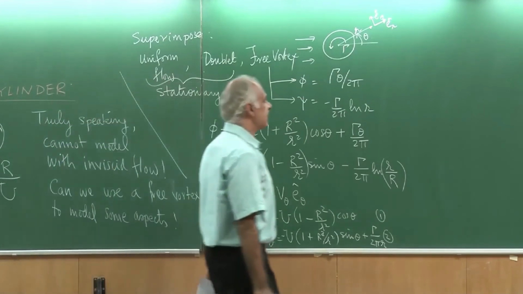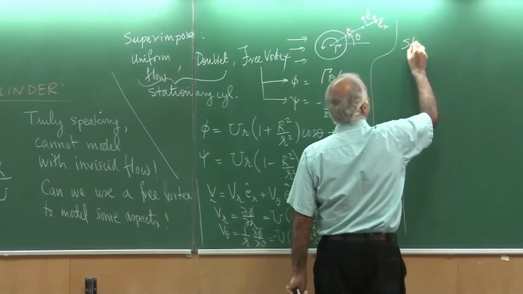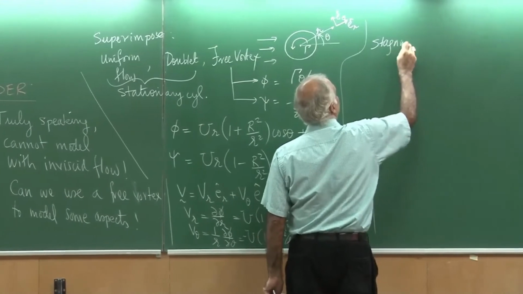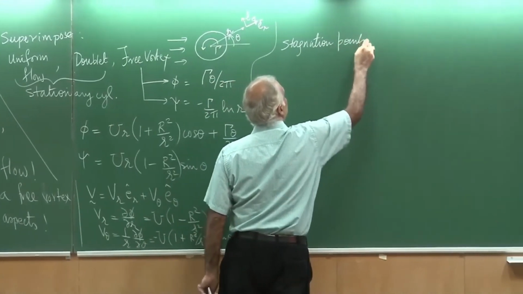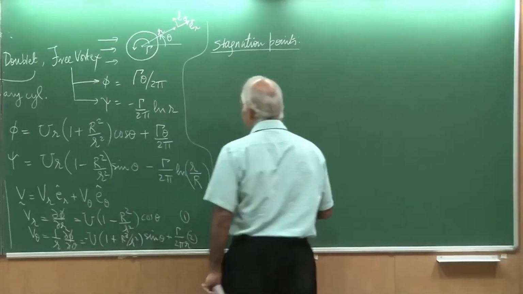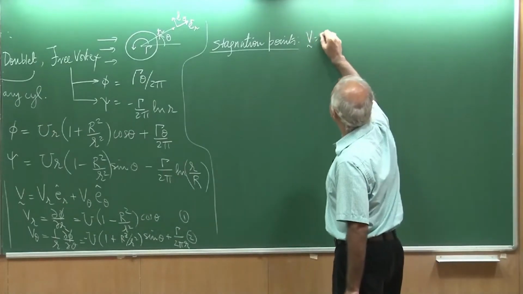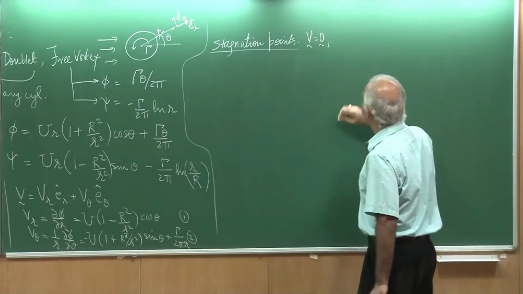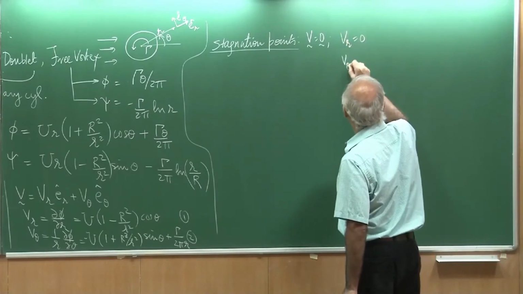Alright, the first exercise that I want to do now is find my stagnation points. At the stagnation point, my velocity is 0, so the V vector is 0, which would imply that V_r is 0 and V theta is 0.